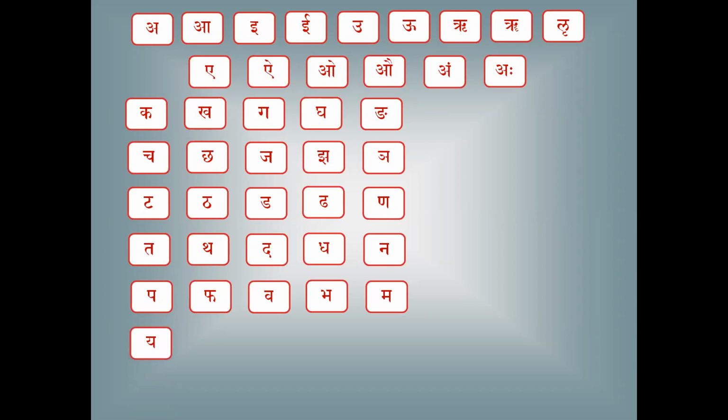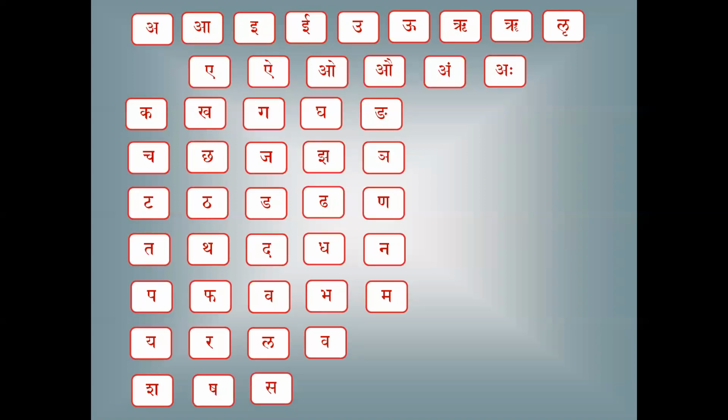Pavarga. They are called semivowels. What is the Samskritam name for it? Antastha. Good. Antastha. Sha, sa, ha. They are called Ushmana. Ushmanaha.